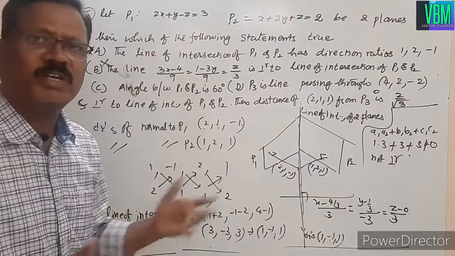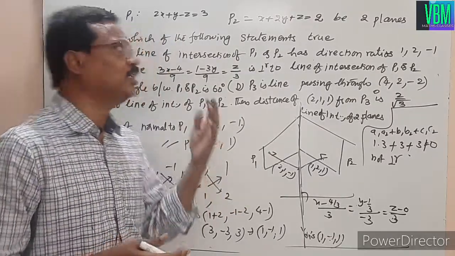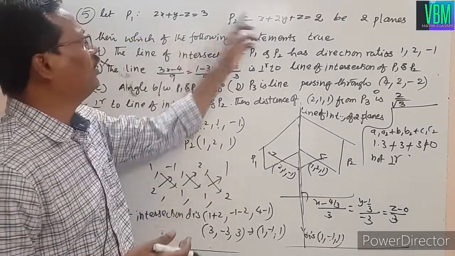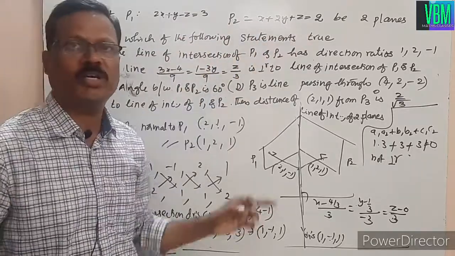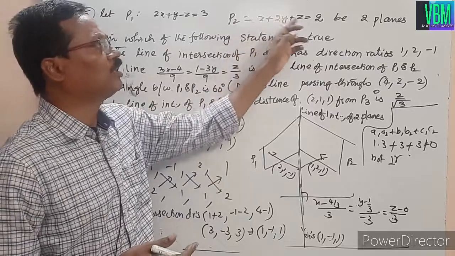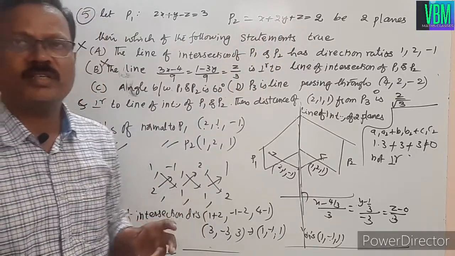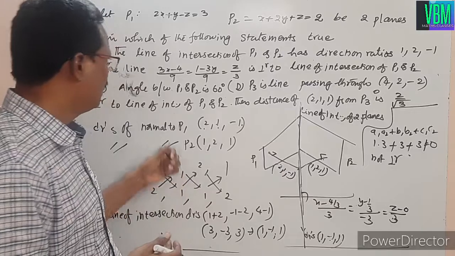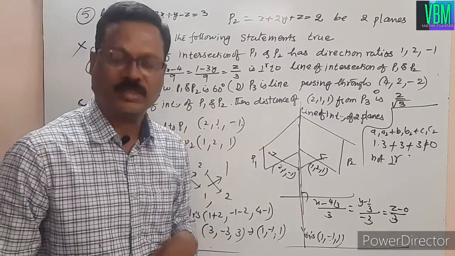For the angle between these two planes, simply we can apply cos theta. Cos theta is A1 A2 plus B1 B2 plus C1 C2 by under root of A1 square plus B1 square plus C1 square, under root of A2 square plus B2 square plus C2 square. By writing like that we can get the cos theta. Now whether it is 60 or not, let us see.